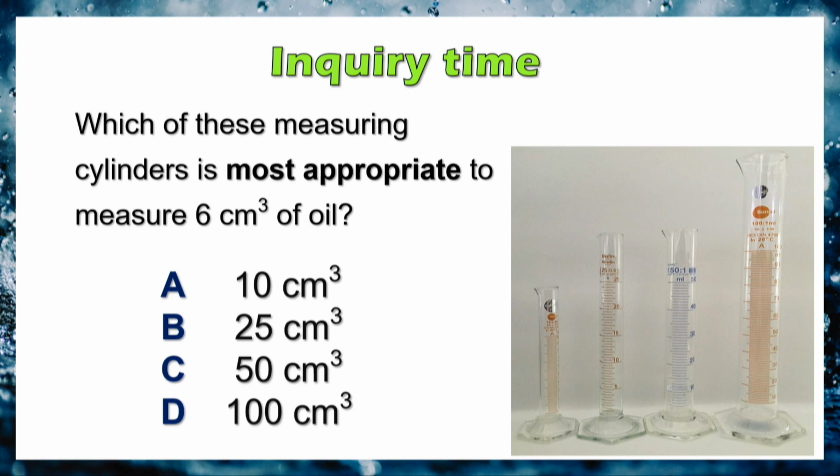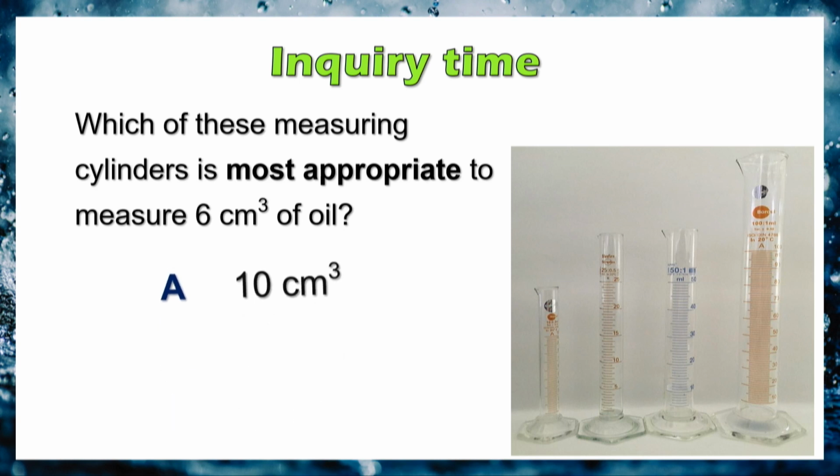If you add 6 centimeter cube of oil in each cylinder, in which cylinder will the oil rise highest? The oil level in the 10 centimeter cube cylinder will rise the highest. Hence, it is easier to record the reading in the 10 centimeter cube cylinder. So, the 10 centimeter cube measuring cylinder is most suitable to measure 6 centimeter cube of oil.